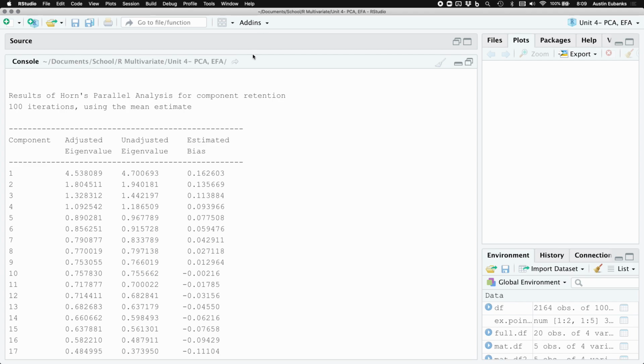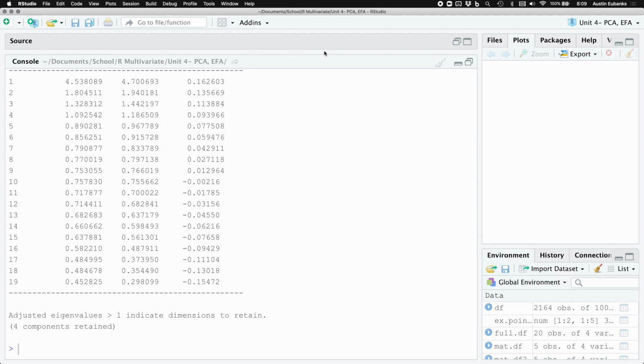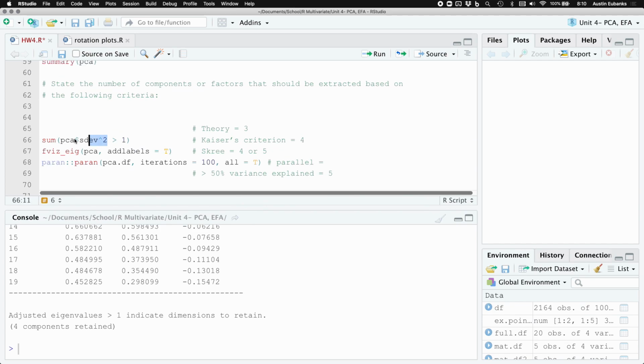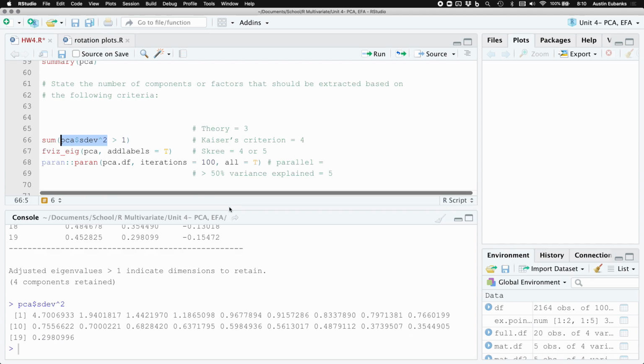As a reminder, what we want to do here is compare the eigenvalues that we got, which you could see by squaring that SDev from the PCA.